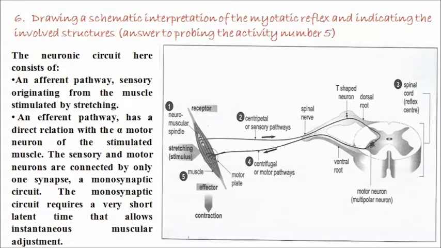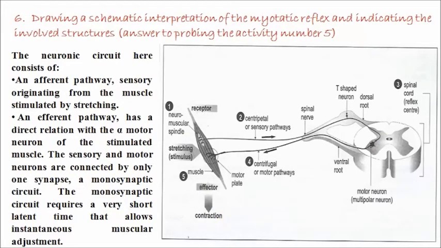I would like you to note that the monosynaptic circuit requires a very short latent time that allows instantaneous muscular adjustment, meaning that the time needed for the message to go from the sensory to the motor neuron is very short, and this is very important for allowing the muscle to adjust itself instantaneously to the new situation in which it was placed.